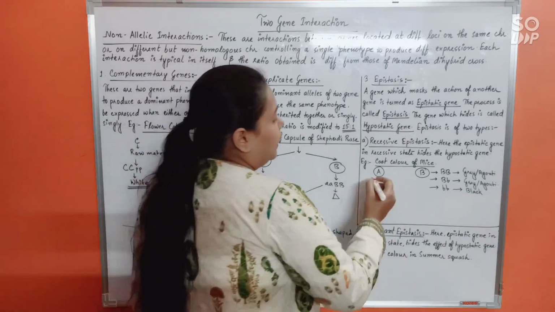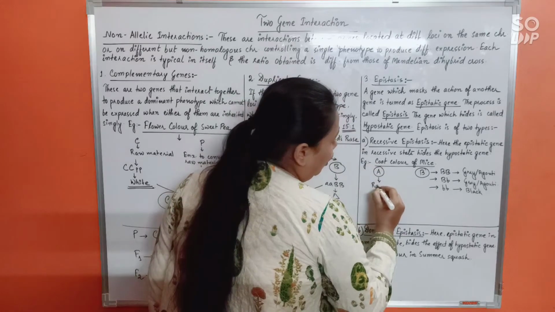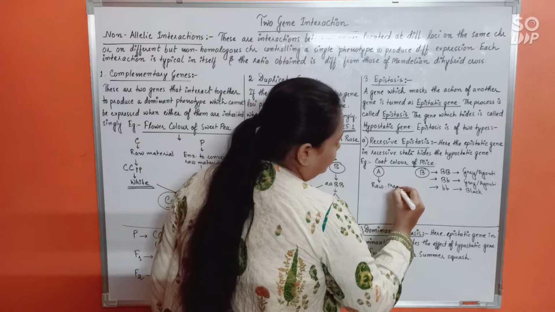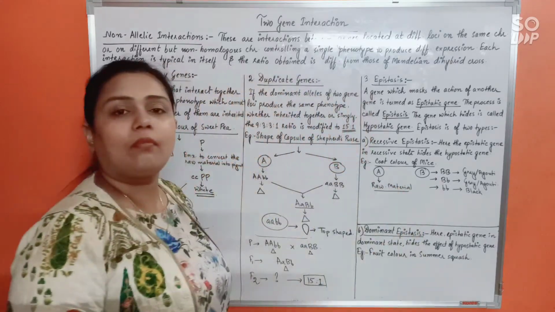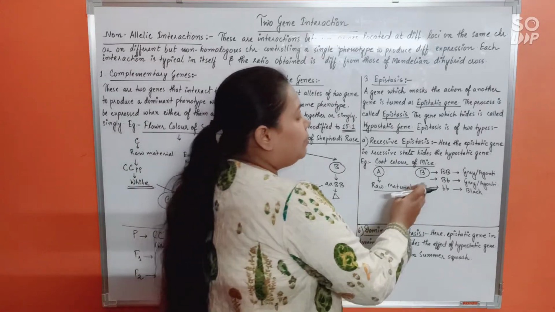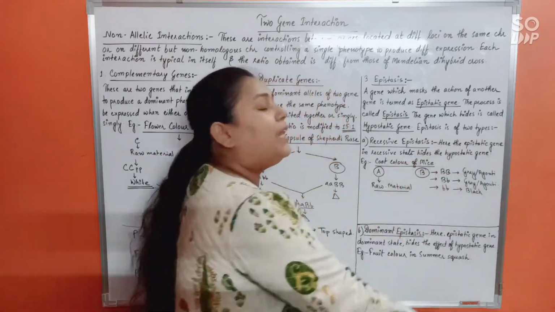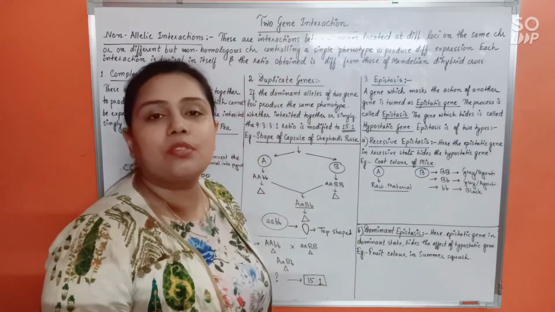How? Gene A produces the raw material for the color, and gene B simply converts the raw material into pigment. That's how grey or black color is produced.